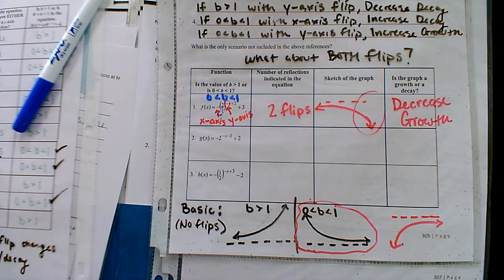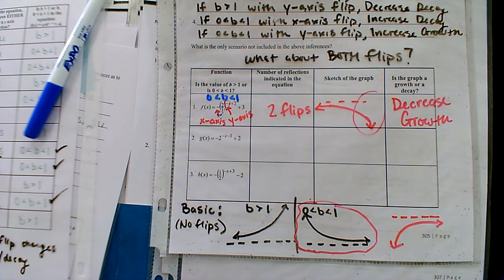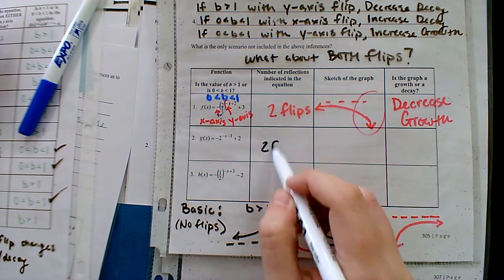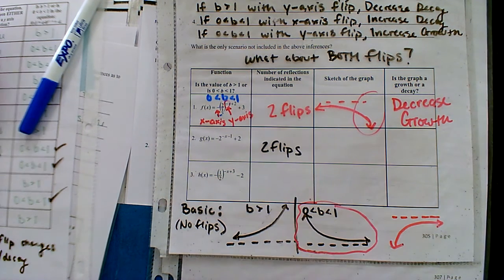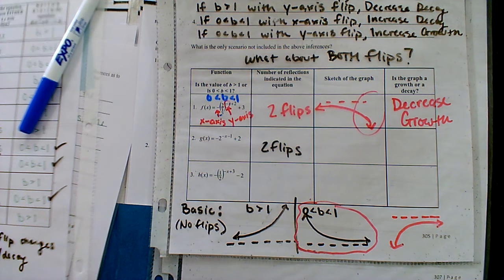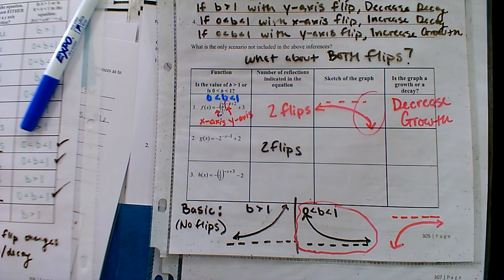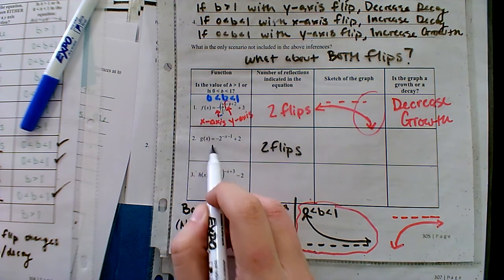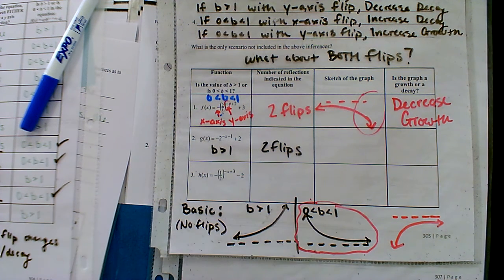Notice how we have a negative out front as well as in the power. So we have 2 flips. Can we identify the base? What number is being raised to a power? Go, Blair? 2. All right, so our base is bigger than 1. So let's think about what this possible graph is going to look like.